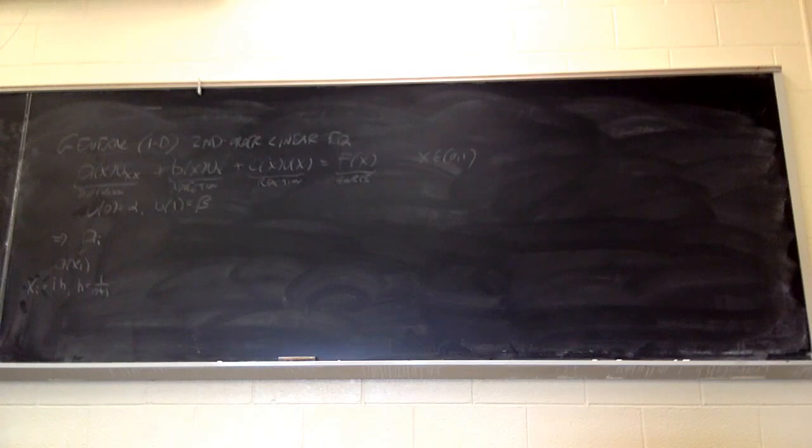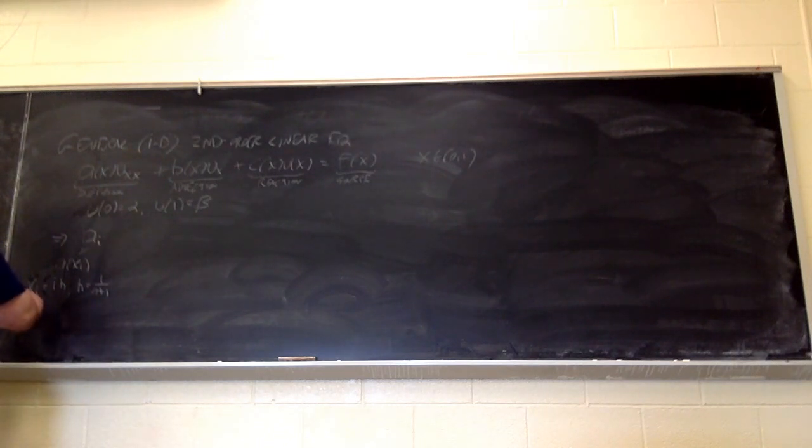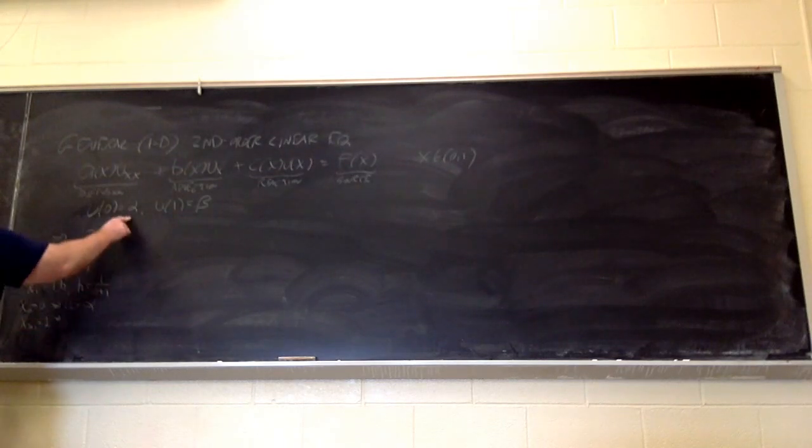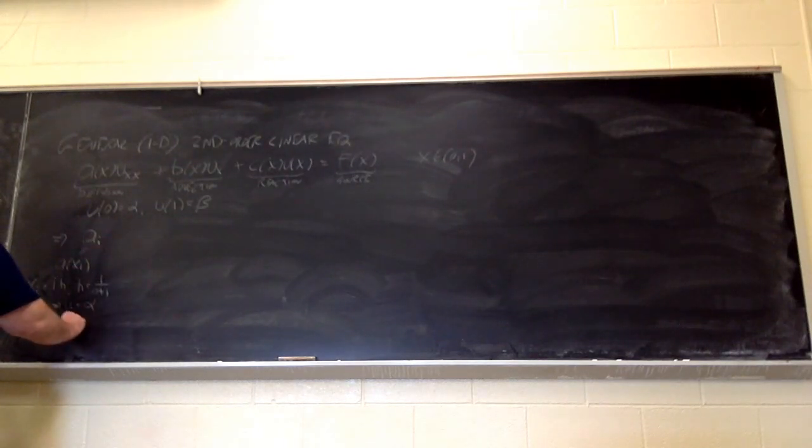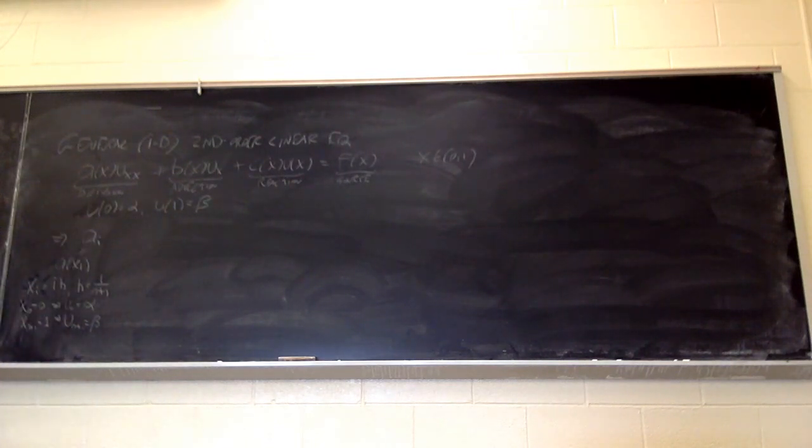That way, we're only going to solve for u at the n interior points, u1 up to un. So x0 is 0, xn plus 1 is equal to 1. That means that u0 is just going to be alpha, the left boundary value, and un plus 1 will be our right boundary value, beta.